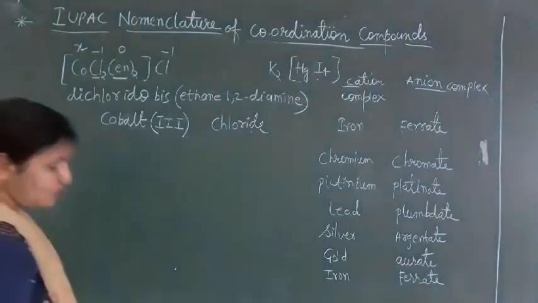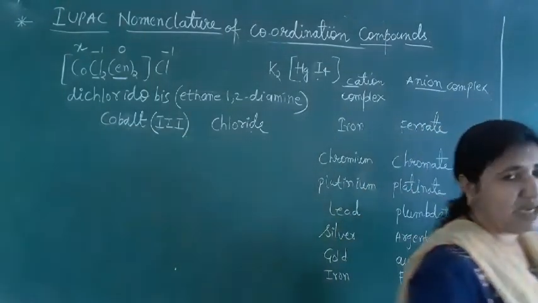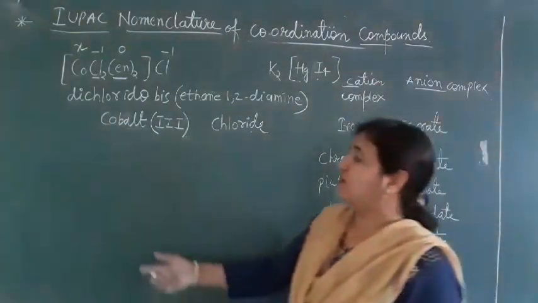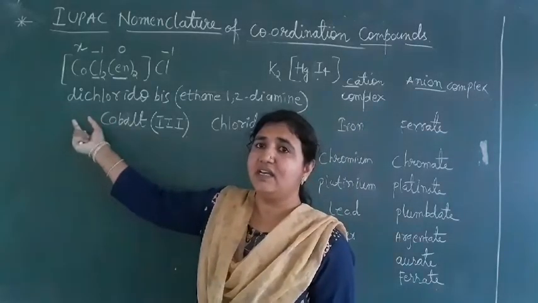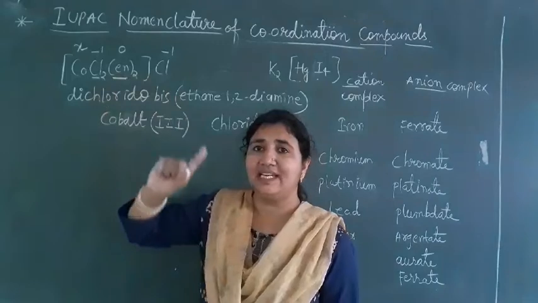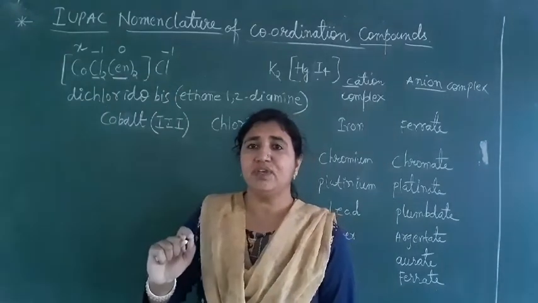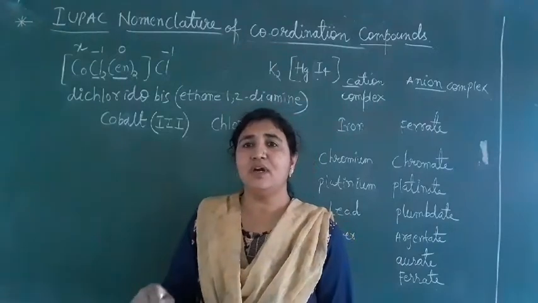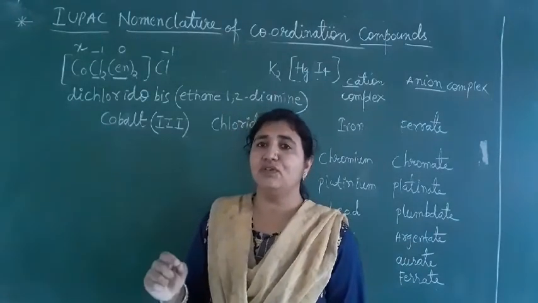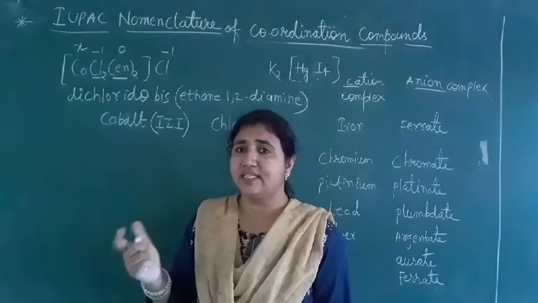So while writing the IUPAC nomenclature, how do we write a complex? If you have a complex cation, first you have to write the ligand names, in alphabetical order. If we have 2 to 3 ligands, use the prefixes di, tri, tetra, penta, hexa, like this.